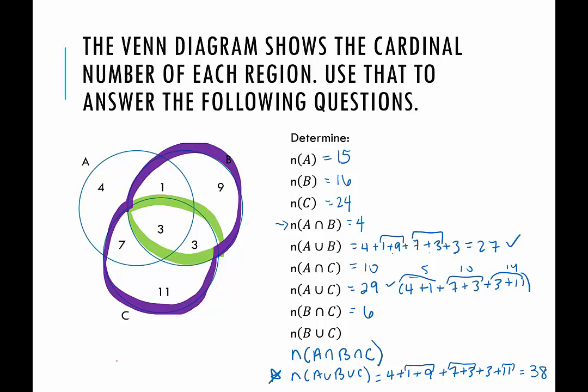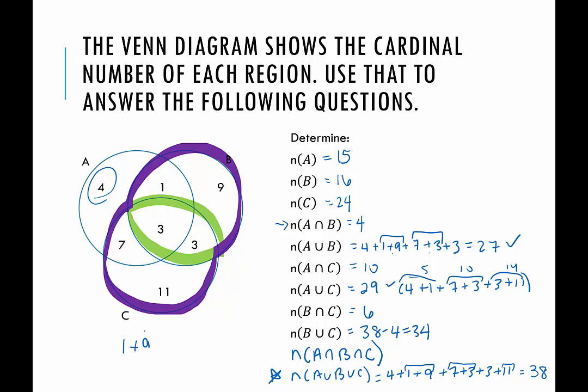Do you remember the shortcut we could take? We can say, okay, I know that the union is going to contain all the elements in this diagram except for these 4. So we could do 38 minus 4 and get 34. If we wanted to check our work, we could add up all of the regions within the purple, that's fine too.